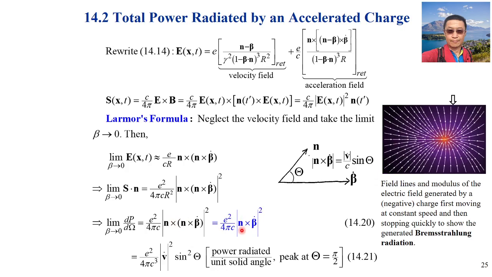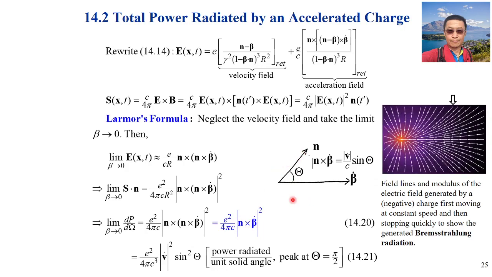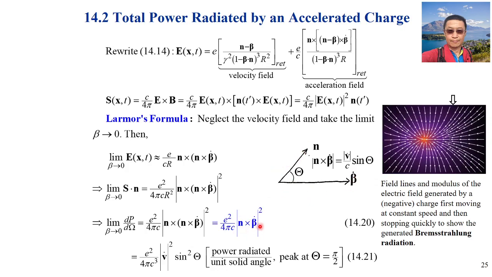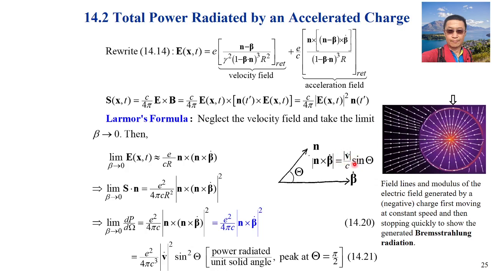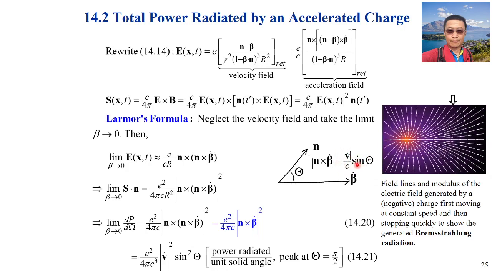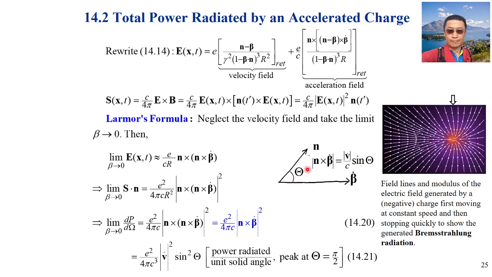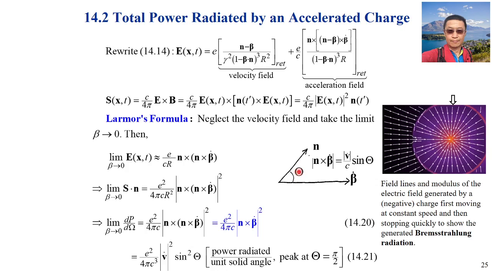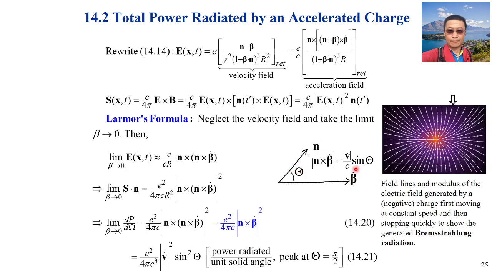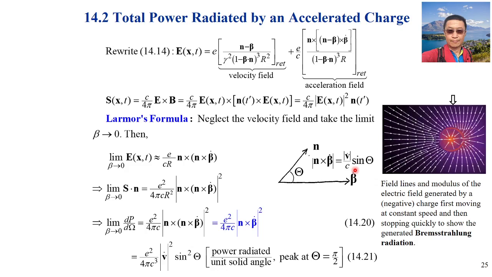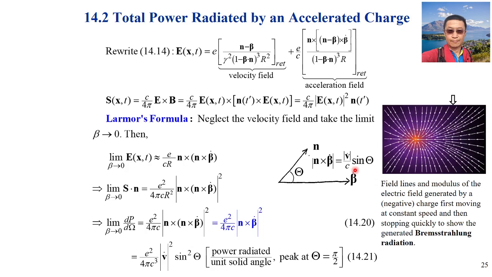And n is the direction of propagation. n cross beta dot equals the acceleration divided by c, times sine theta, where capital theta is the angle between n and beta dot, not beta. Keep this in mind: not beta, but beta dot.